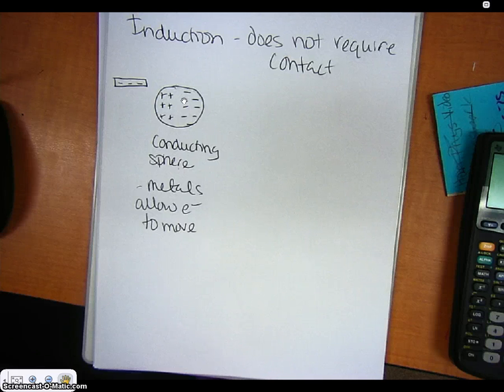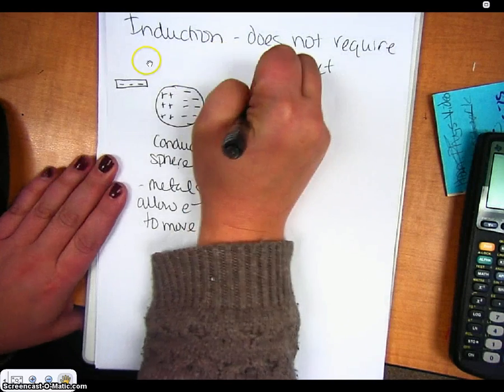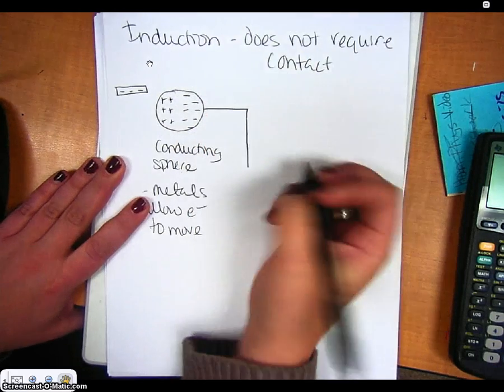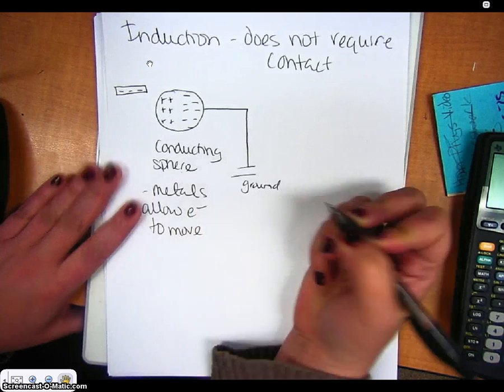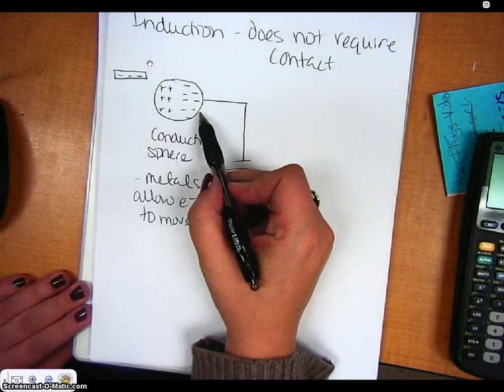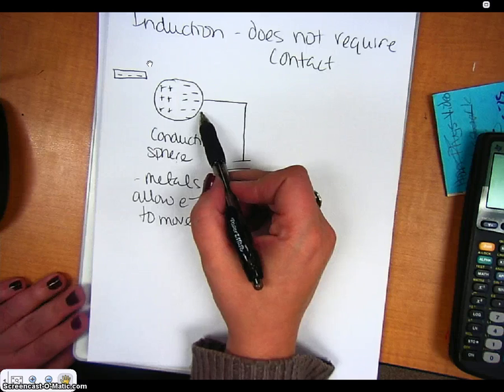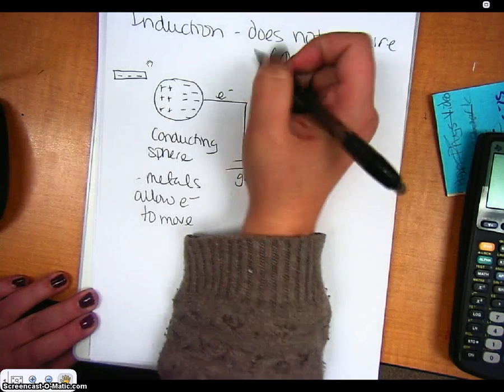Okay, now if I wanted to charge that sphere and leave it with a net positive charge, what I could do is attach that sphere by a wire to a ground, or to the earth. Because the electrons are repelling each other, trying to push each other away, and now that they're connected to something, they have some place to go, right?